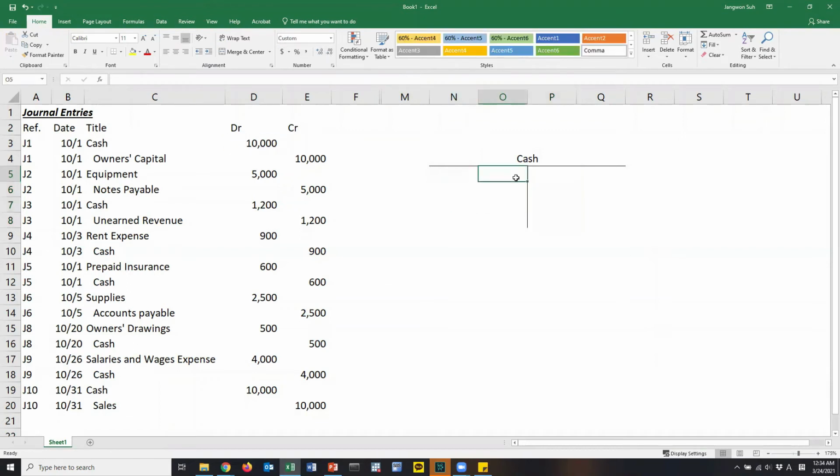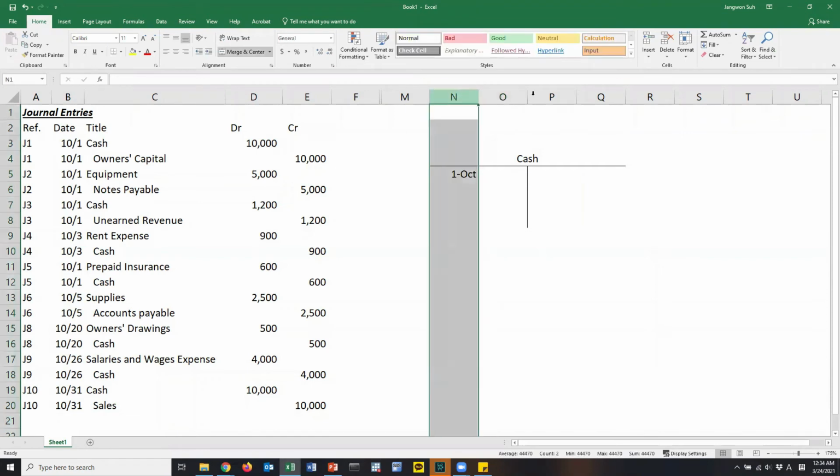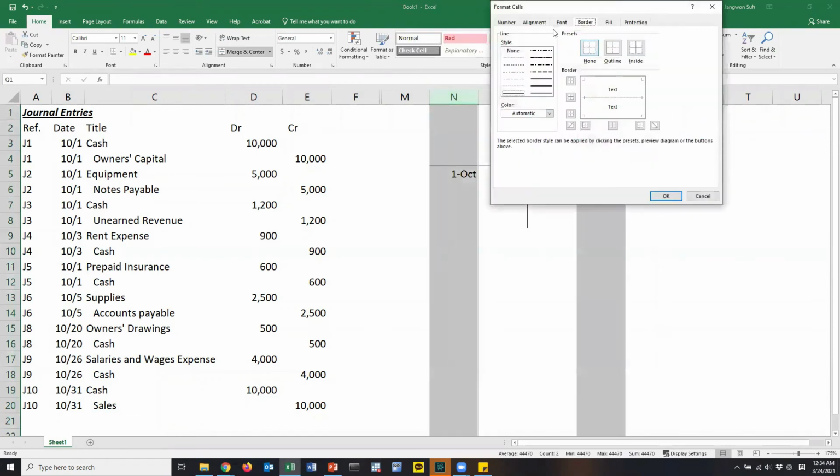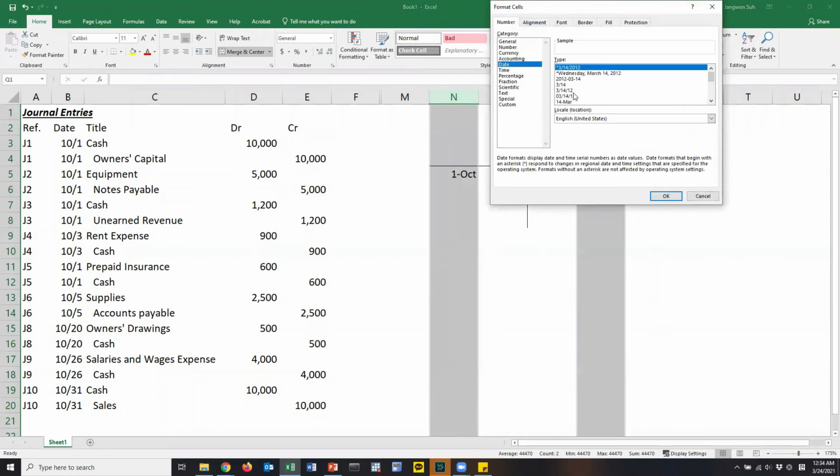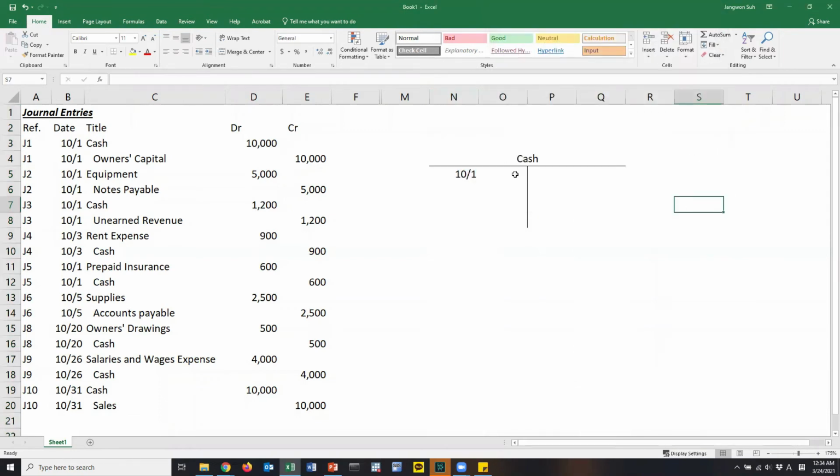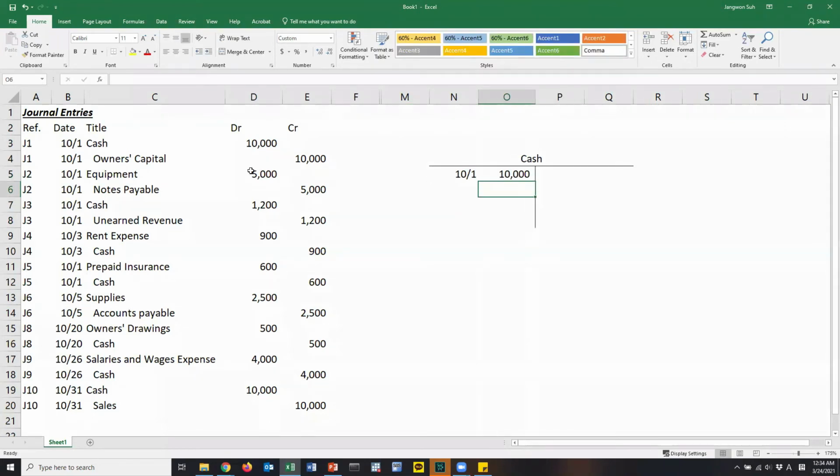Sorry about that. What we have is on October 1st, we have cash 10,000. Okay. And then the same date, we have cash 1,200, right?